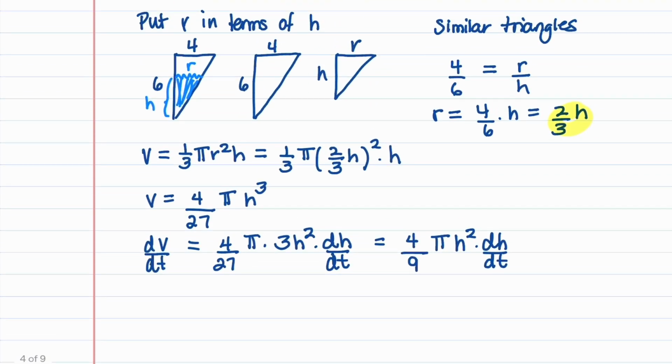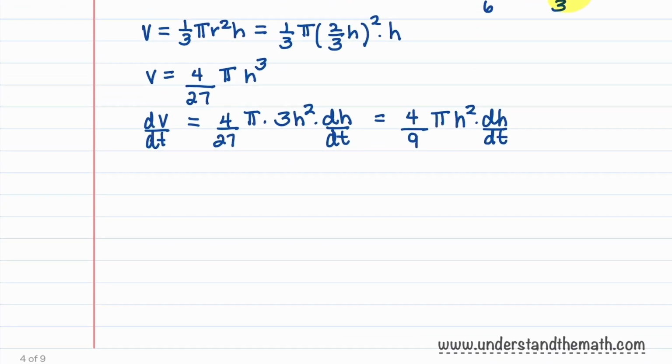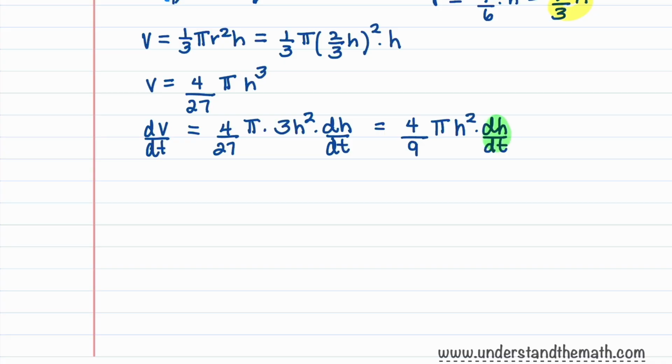Let's go back up here. We want to find dh/dt, so I am going to highlight dh/dt. That's what we want to solve for. So dh/dt is going to be 9 times dV/dt, all divided by 4 pi h squared.